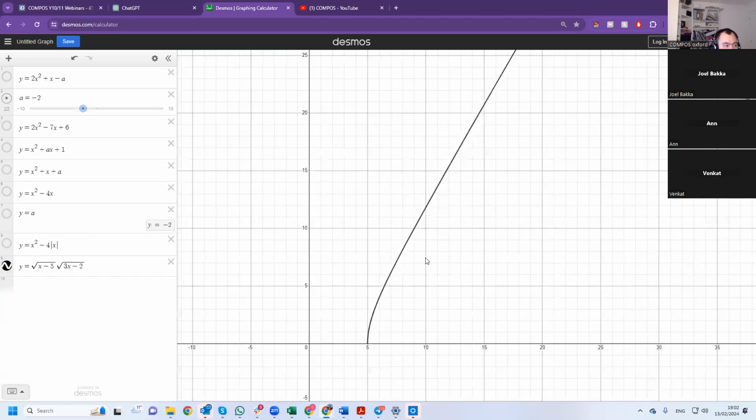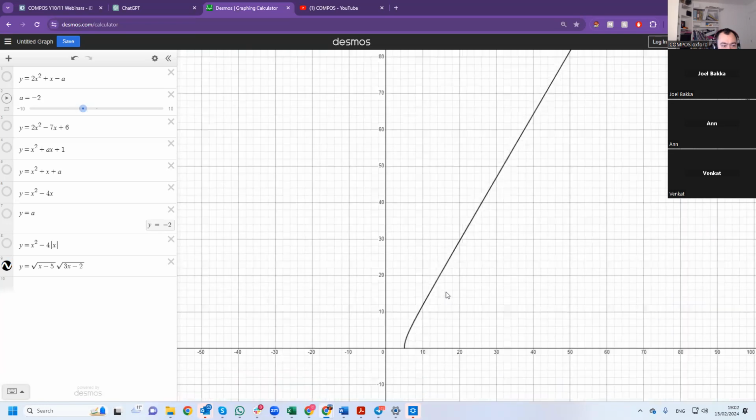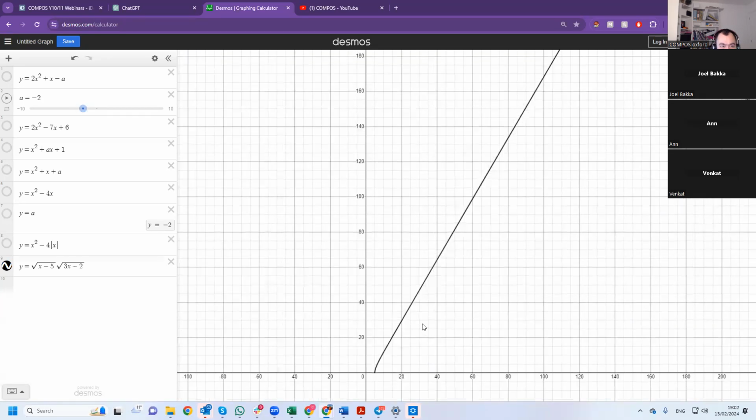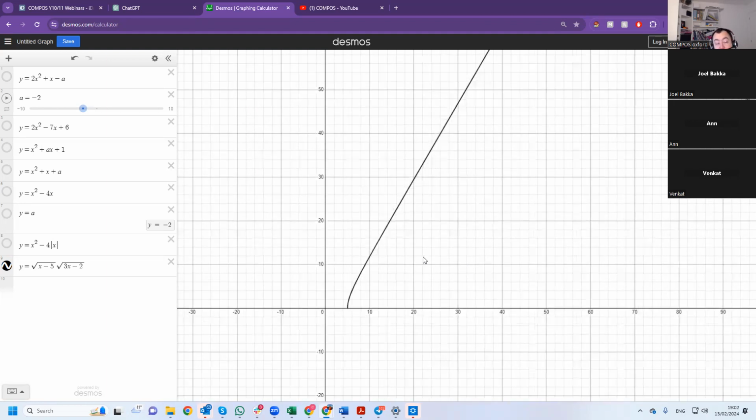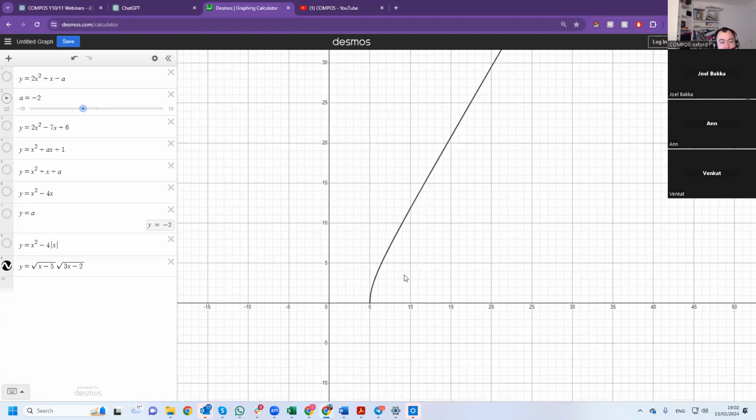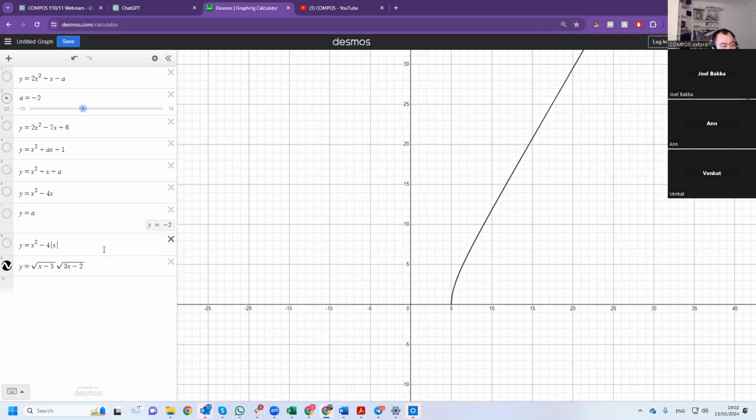Well, it's a graph that looks like this. Interestingly, it looks like a straight line. It sort of is, but it's a graph like this. But you do the same thing with just one root.